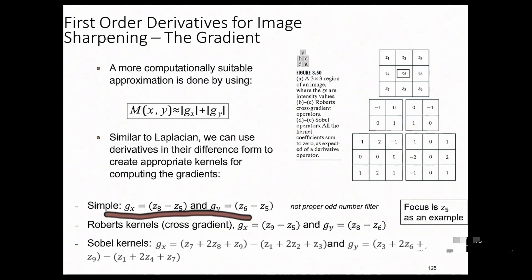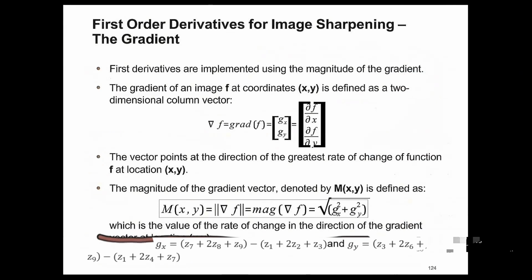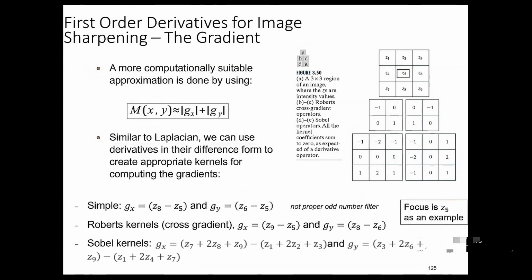This is simple; we call it just simple filtering. And there are other scholars like Roberts. He proposed another one: instead of just horizontal and vertical, why not go diagonal? So it will subtract this and then this. So z9 minus z5, and z8 minus z6, like this cross, this one and this one.